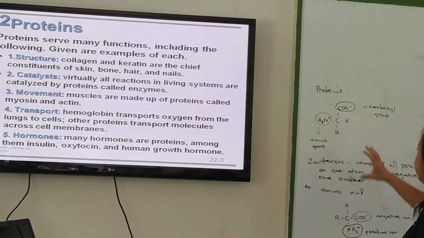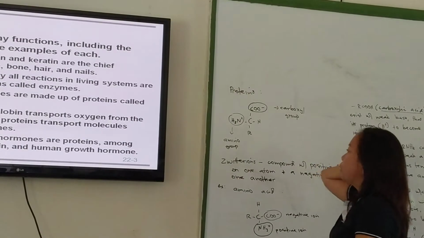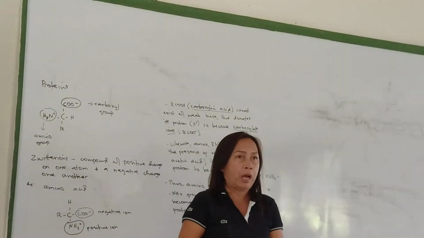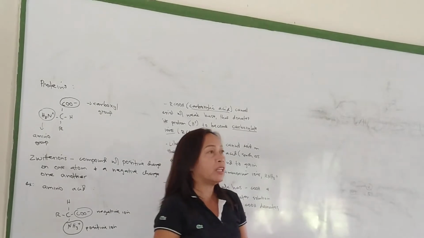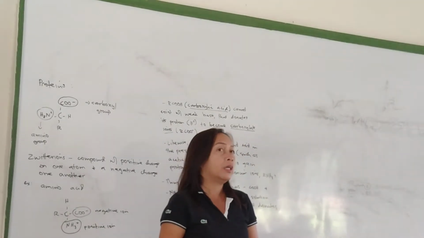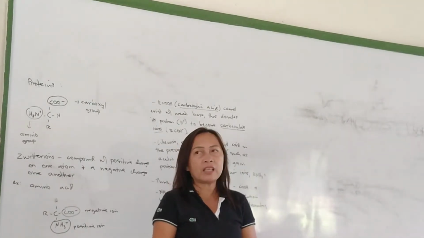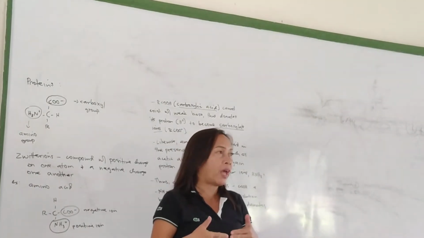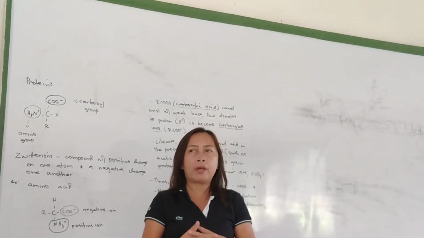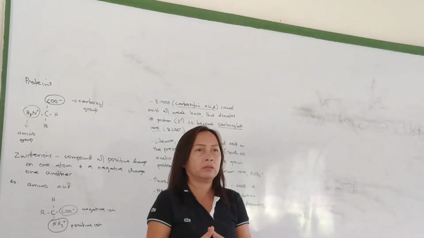As we have this structure, proteins are made up of amino acids as the building blocks. What are the building blocks of proteins? Amino acids. And these amino acids are held together by peptide bonds.